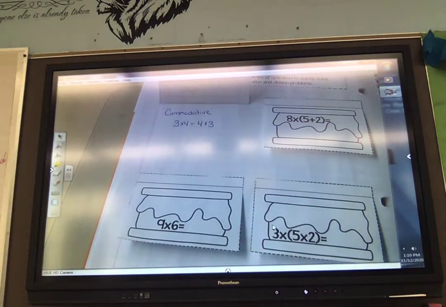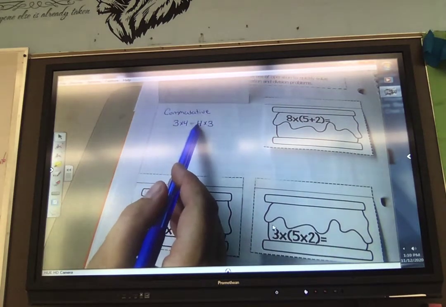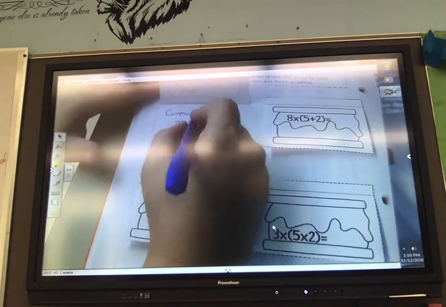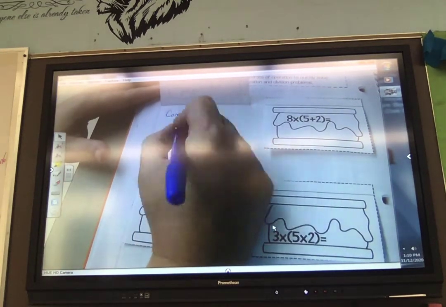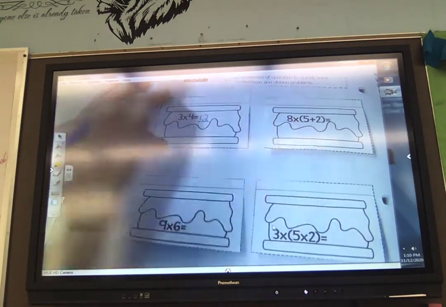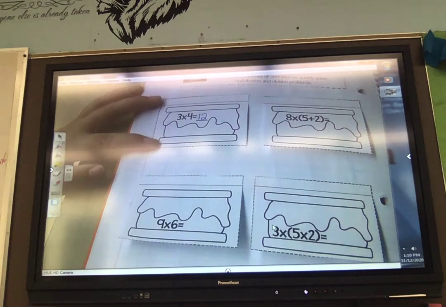What would our answer be of either one of these problems, 3 times 4 or 4 times 3? 12, yes. So both sides would equal 12. So we're going to put a 12 right here inside of our box for 3 times 4. So that's the commutative property, switching the order of the numbers.